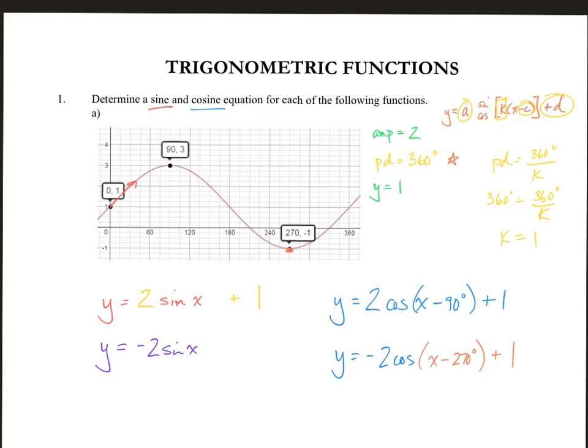Well, now when I reflect that, it's going to start in the middle and fall. So where's the first instance that I see where my curve is in the middle and falling? It would be 180 degrees to the right. So I can shift it 180 degrees to the right and create yet another equation that would represent the given curve.